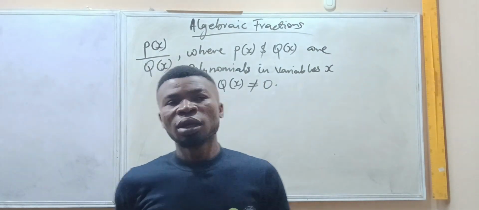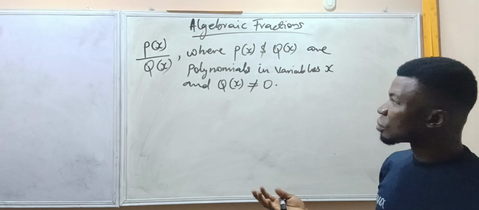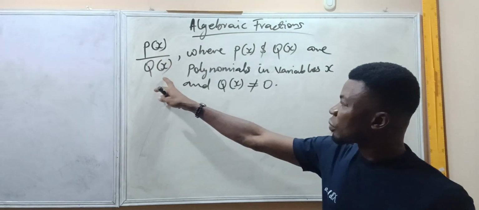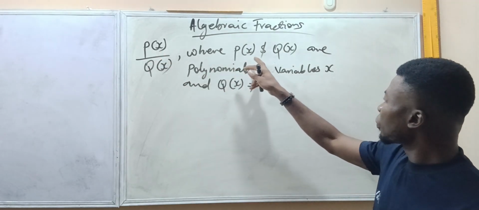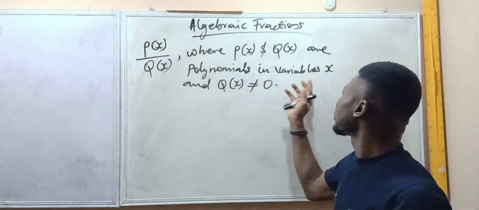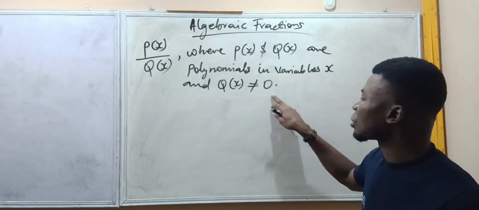So it is a fraction p of x over q of x, where p of x and q of x are polynomials in variable x, and q of x is not equal to 0.